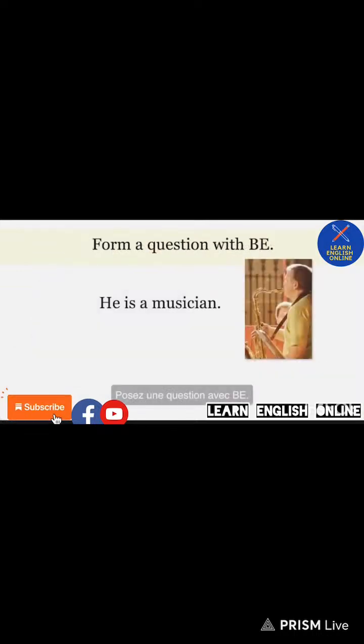Form a question with be. You already know how to make a statement with be. He is a musician. We start with the subject. Here it's he. And then we have a form of the be verb. Here we use is because is goes with he, third person singular.